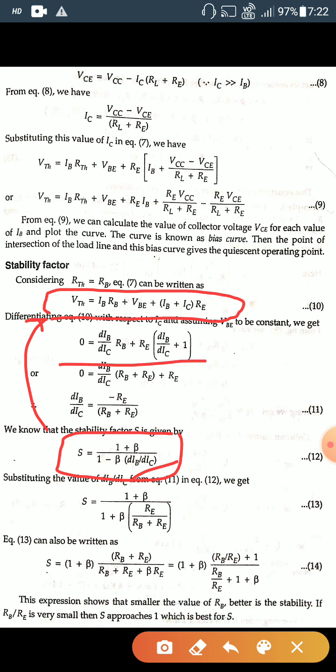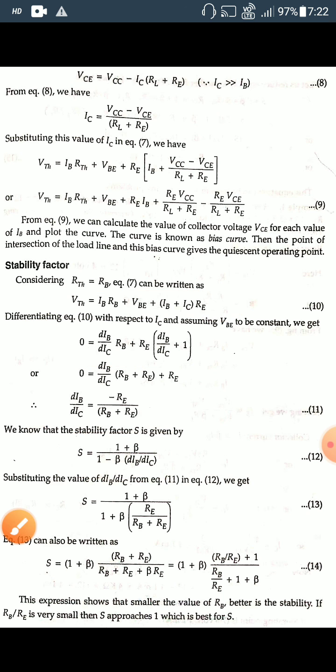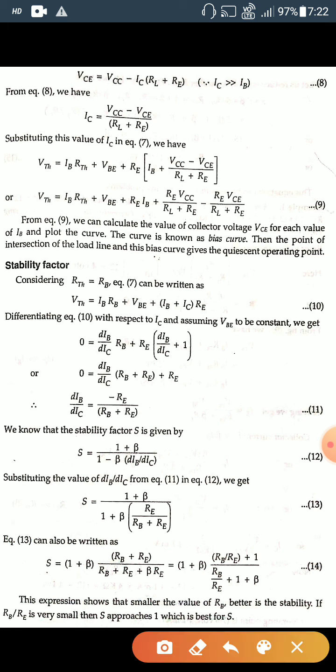And lastly, the dIB/dIC value will become minus RE divided by (RB plus RE). Now you just put this resultant value for dIB/dIC in this position, and then you get the value for the stability factor.